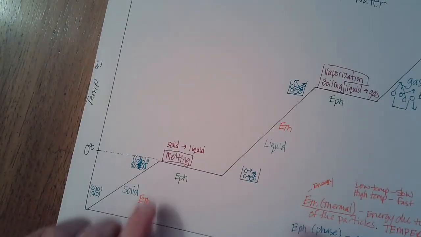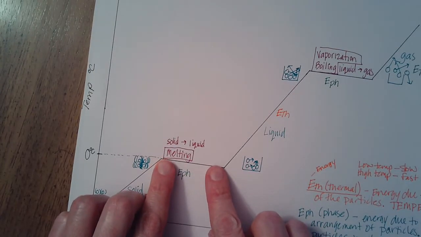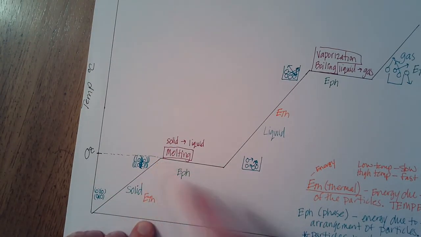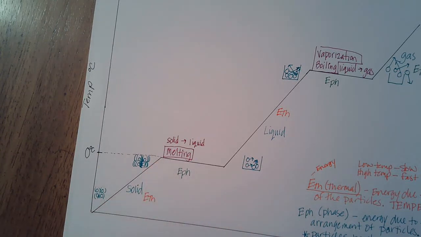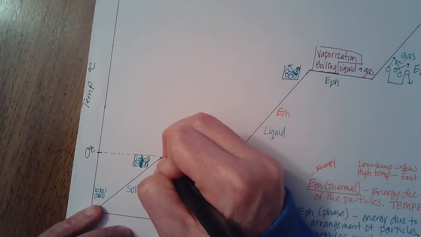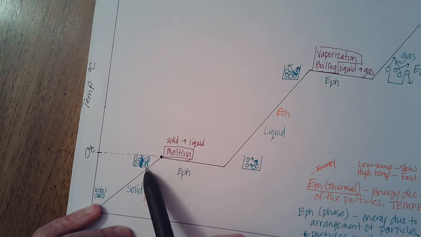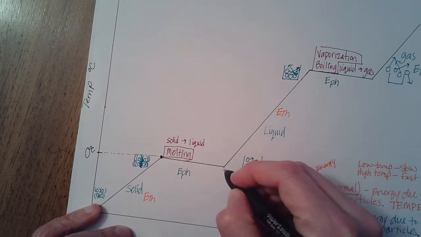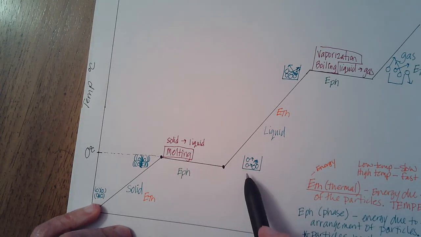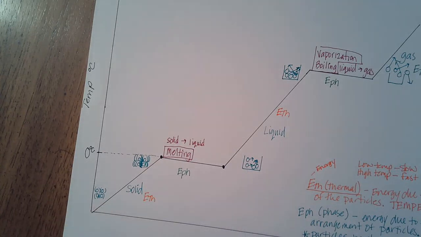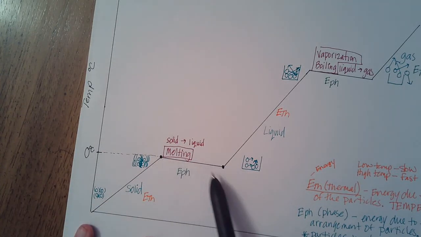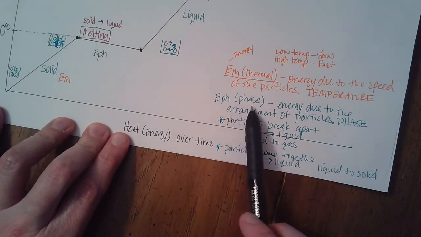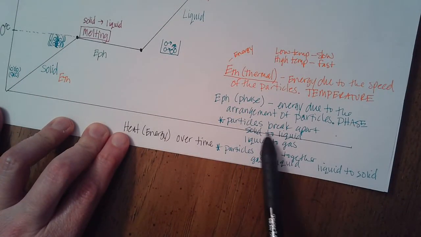So what do I mean by that? Well, melting, you have at this point, right? At this point, you only have solid particles. They all look like this. But at this point, you only have liquid particles. They all look like this. So in between here is this phase energy being used to break apart that solid into a liquid.